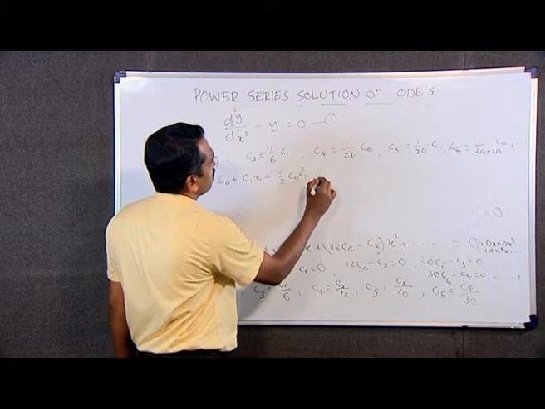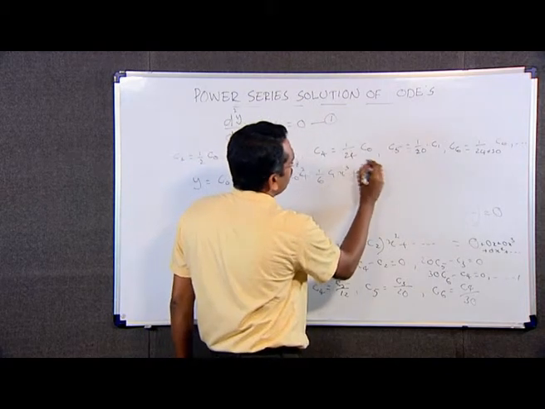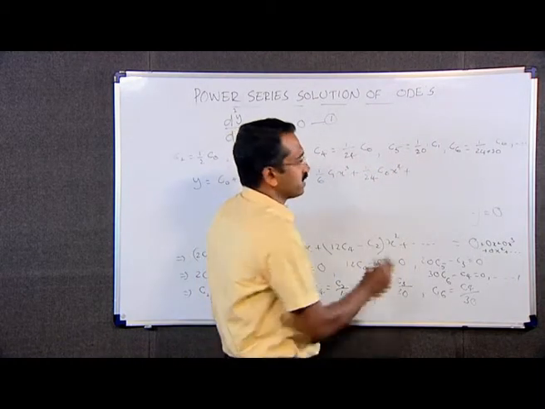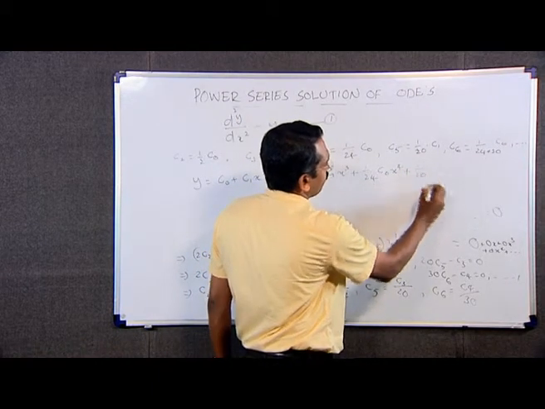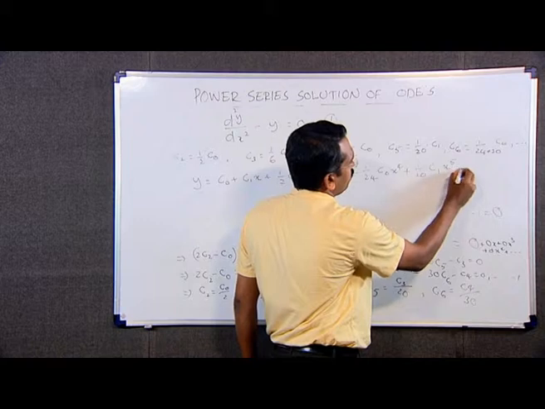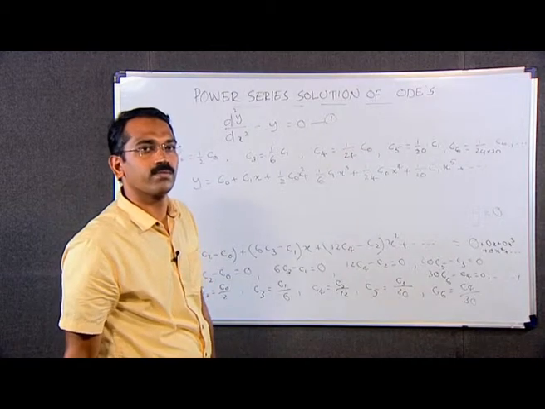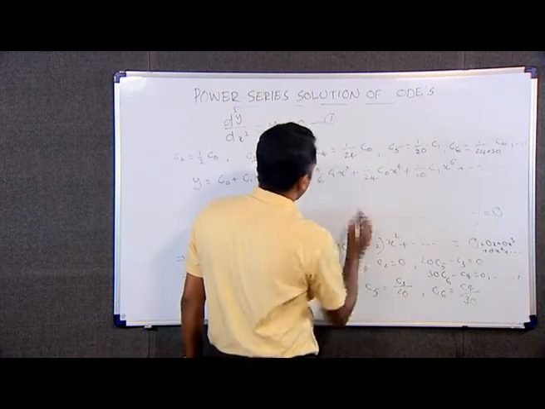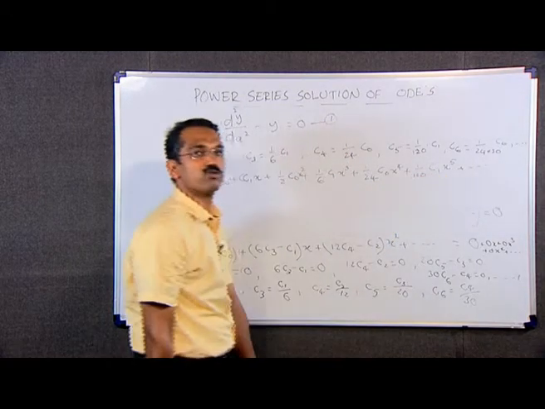Next is C3, that is 1 by 6 C1 x cube plus C4 x raised to 4 means 1 by 24 C0 x raised to 4 plus C5 x raised to 5 means 1 by 120 into C1 x raised to 5 plus etc.